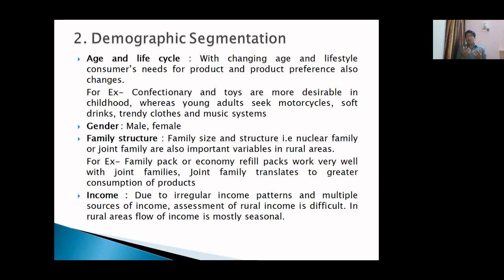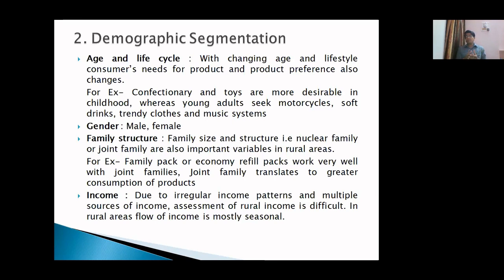Now the family which is large family or a joint family, they will be seeking more for the economy packs, larger packs that will work well with them. Whereas if the family is a nuclear family, they will be preferring a smaller size product because of the level of consumption that they are required.